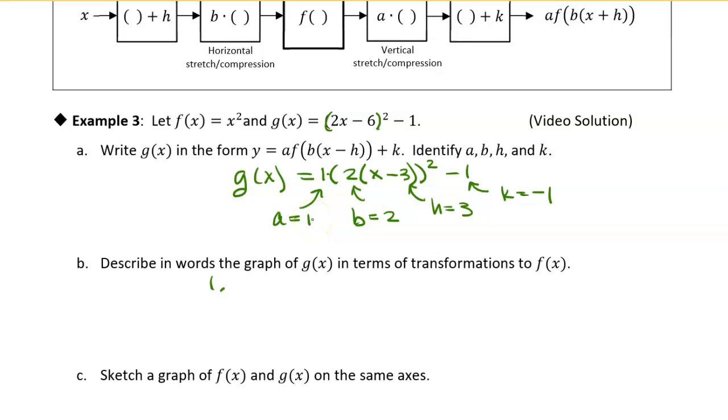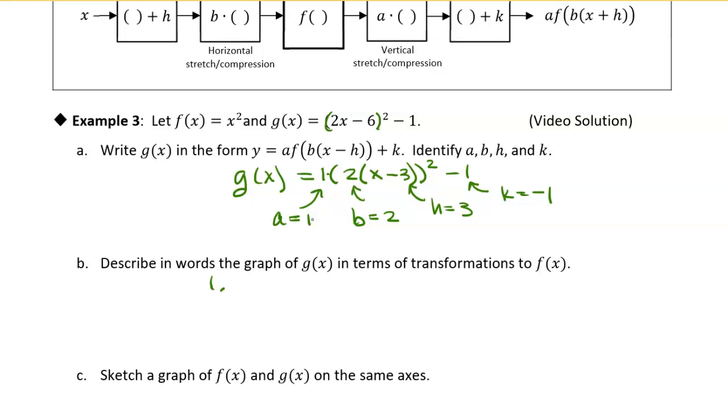So number 1 is the horizontal stretch or compression. That is the b value, and it's going to tell you how the function is stretched or compressed.